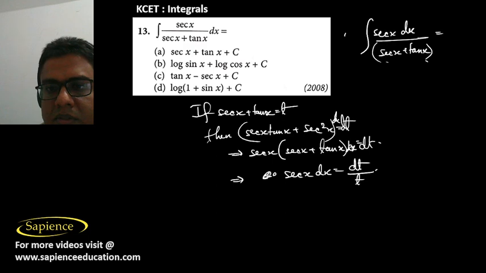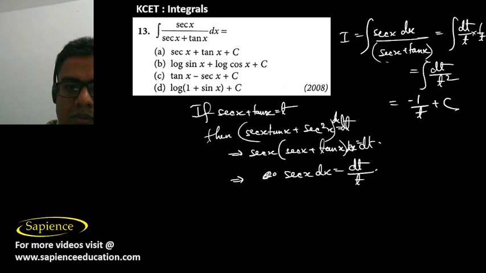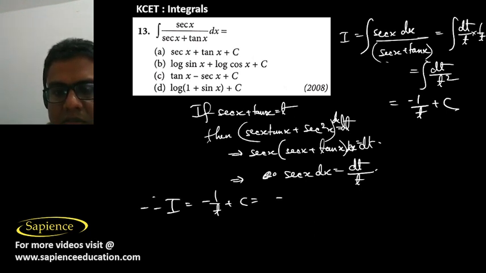So this integral I can write as dt by t into 1 by t. So this is integral dt by t square. So this will be equal to minus, t power minus 2 plus 1 by minus 2 plus 1. So this is minus 1 by t plus c. Therefore the integral is coming minus 1 by t plus c. So minus 1 by t means it is minus of 1 by sec x plus tan x plus c.